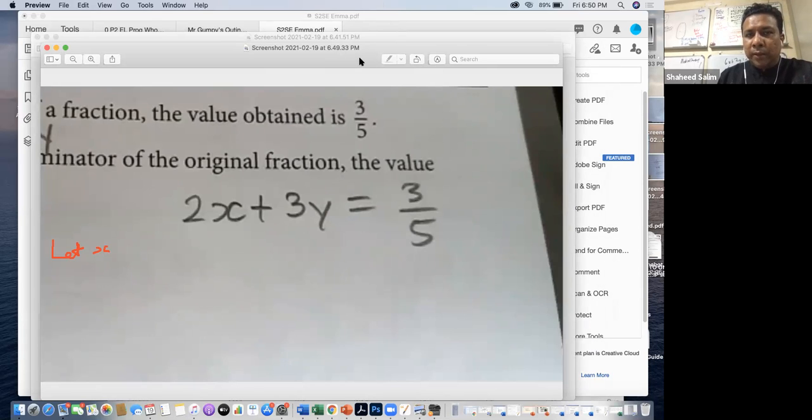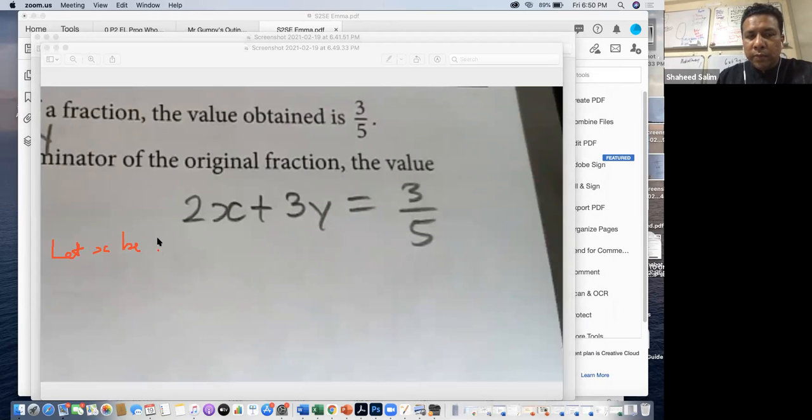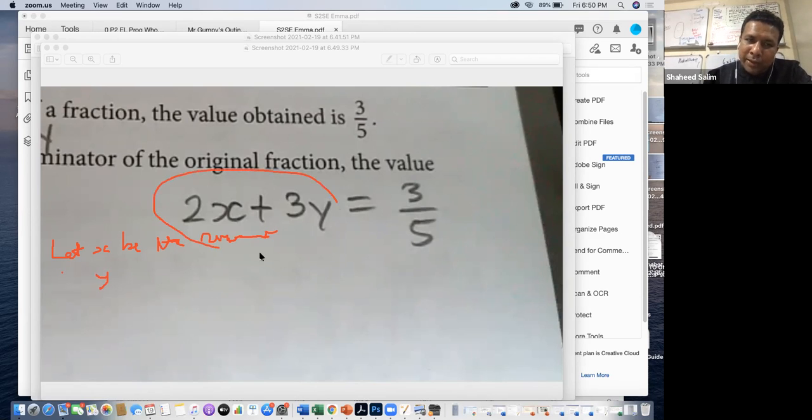Let X be the numerator, and let Y be the denominator. Now, is this the way you write a numerator and denominator? No. You are supposed to look at what they say. So now what did they say?